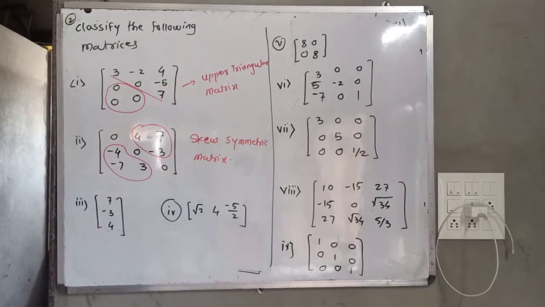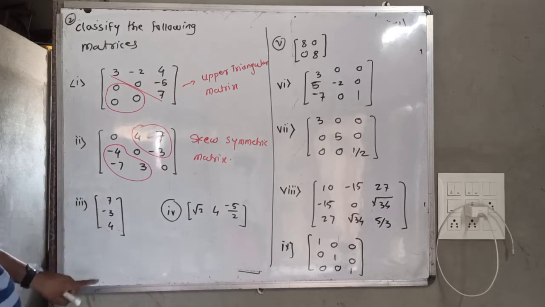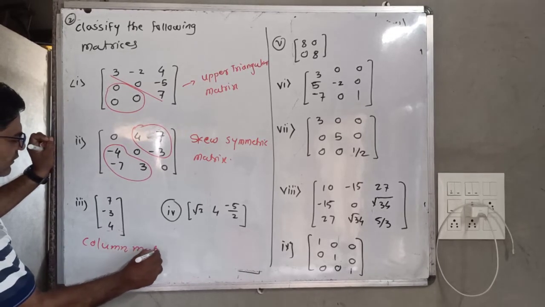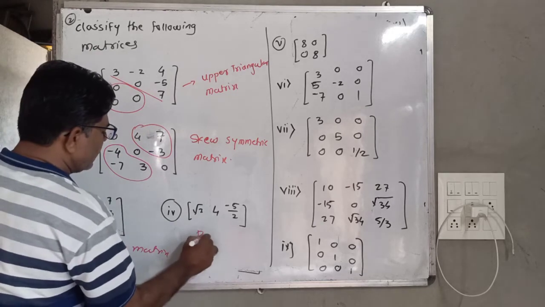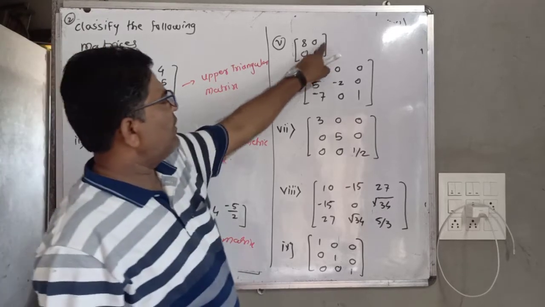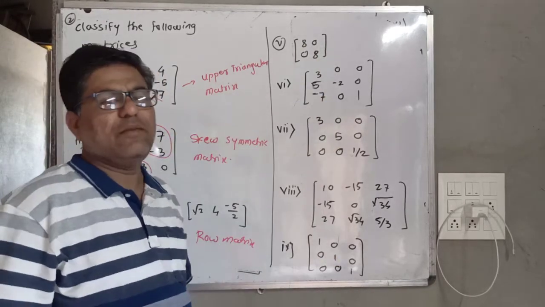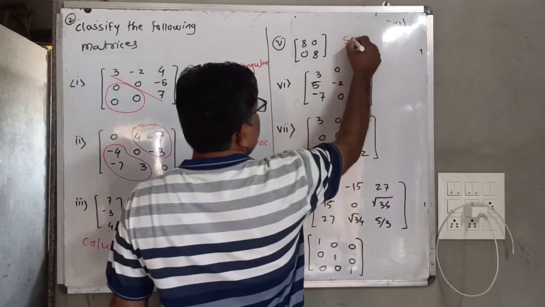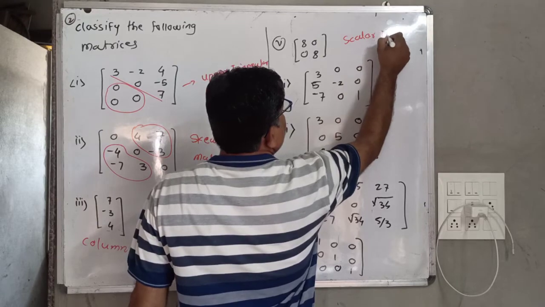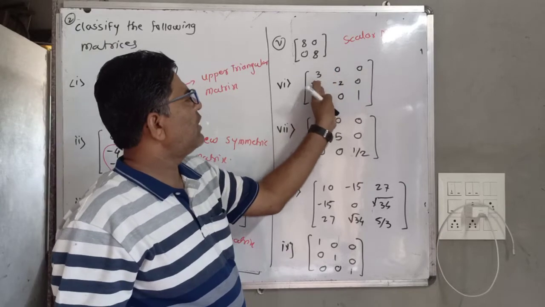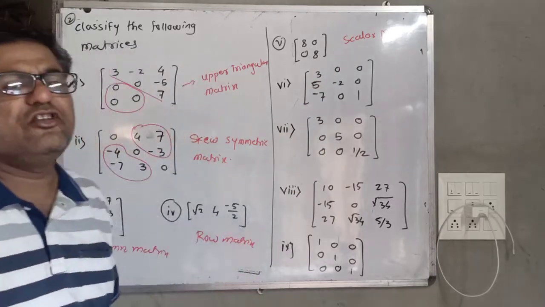Here only one column is present, therefore it is a column matrix. This is a row matrix. Here the non-diagonal elements are 0 and the diagonal elements are the same, therefore this is a scalar matrix. Here the non-diagonal elements, meaning the upper elements, are 0.